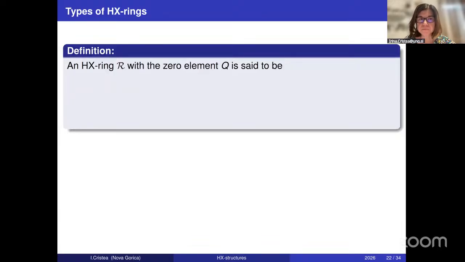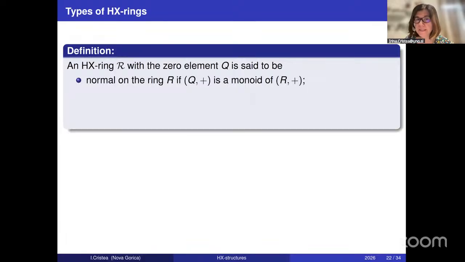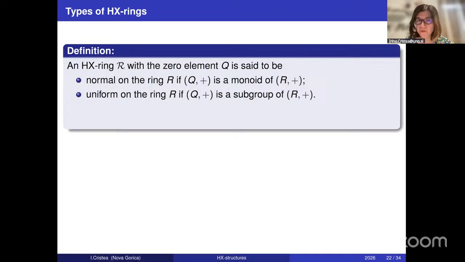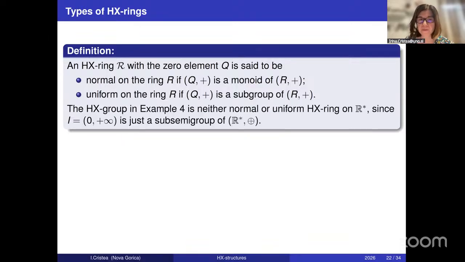And as in the cases of HX groups, we also have several types of HX rings. The normal ones are those where the set of the zero element with the addition is a monoid of the initial set R with the identity, and uniform if it is a subgroup of R with the addition.